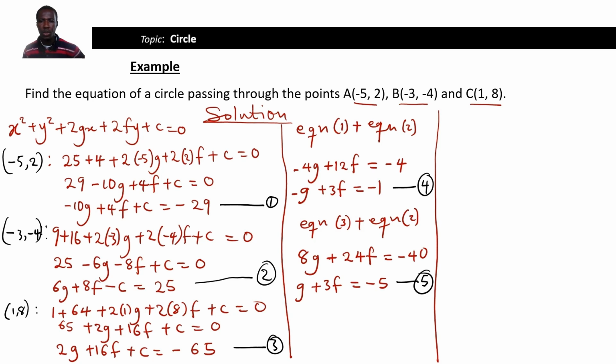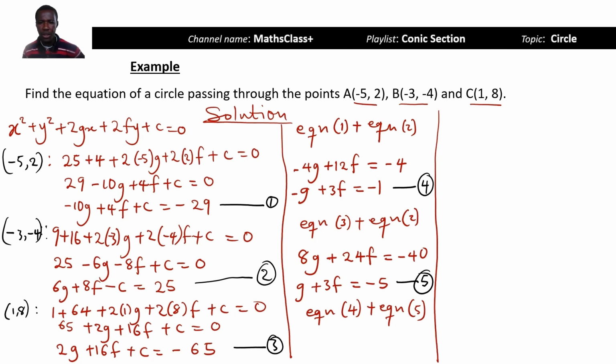Now, taking equation 4 and equation 5, I'm going to add them. So I have g and negative g, so the g components will go away. 3f plus 3f will give me 6f equal to negative 1 plus negative 5. That will give me negative 6.